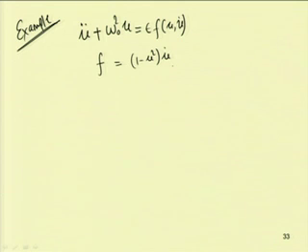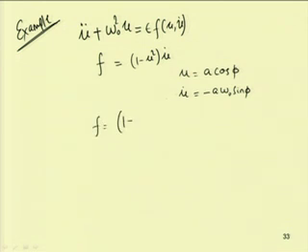So, now already we know we have to substitute u equal to a cos phi and u dot equal to minus a omega 0 sin phi. By substituting this, we have f equal to 1 minus u square, where u square equals a square cos square phi, into minus a omega 0 sin phi.